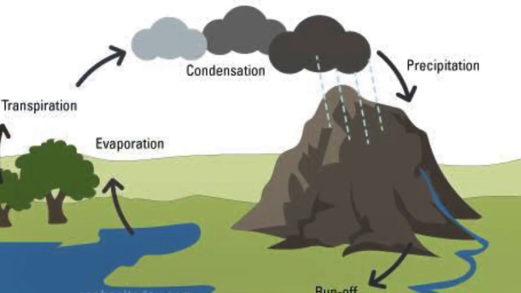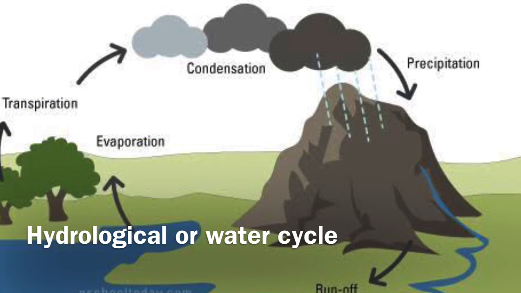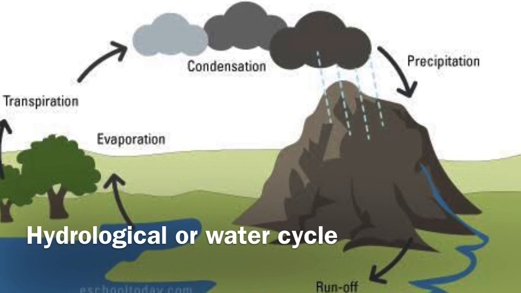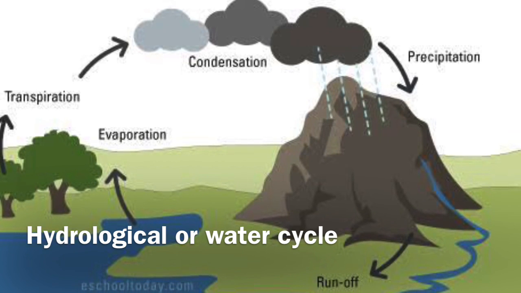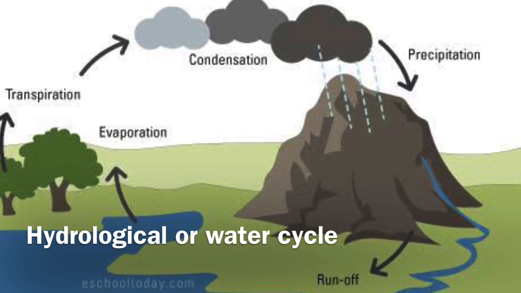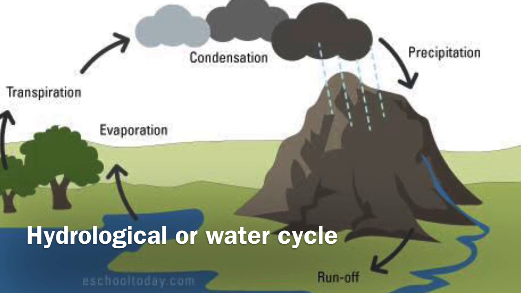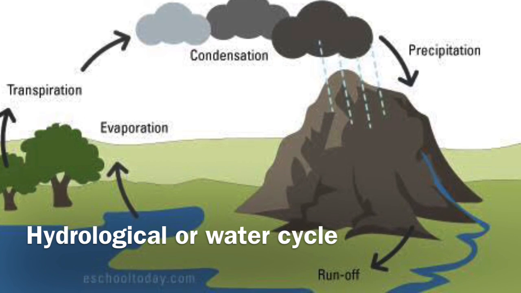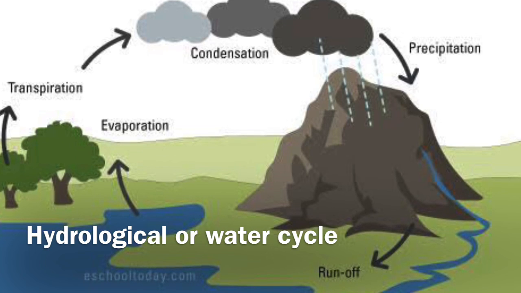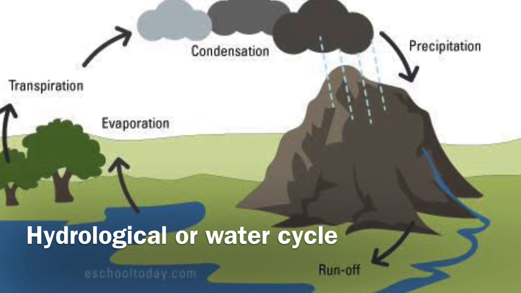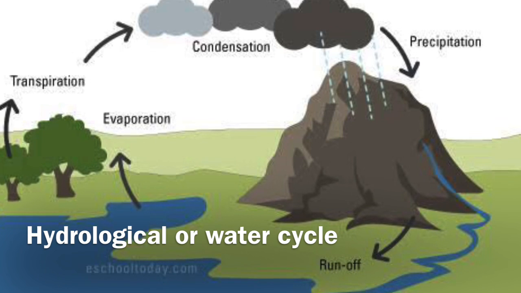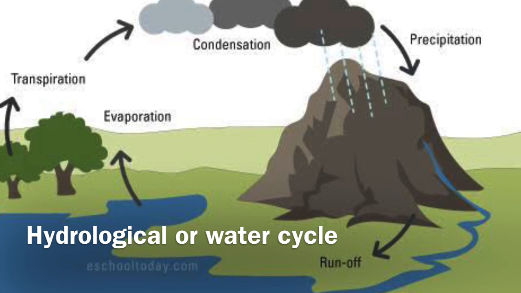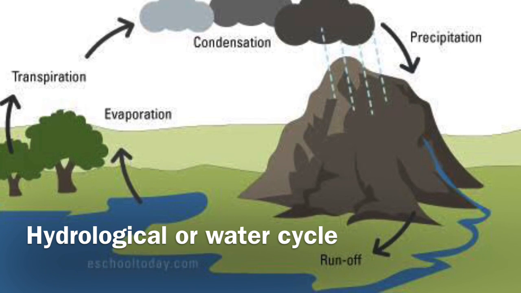Now we'll see about the hydrological cycle. What is the hydrological cycle? The continuous movement of water on, above, and below the earth's surface is called the hydrological cycle.